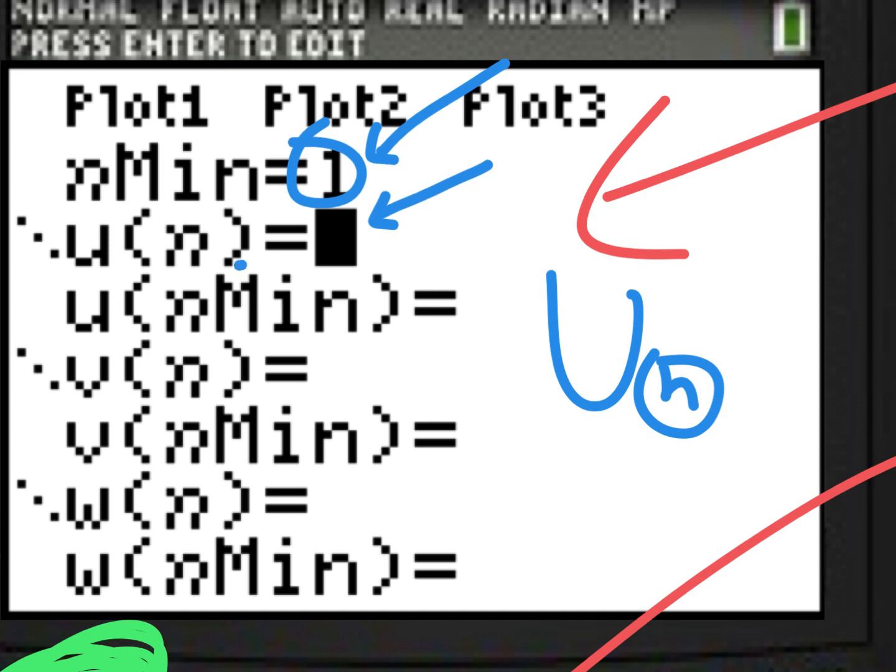So u sub n is equal to, what do we always say after u sub n? U sub what? N minus 1. Very good. That's what goes right there. So how are you going to type that? Use a lowercase u. And then how am I going to do a subscript? You should be able to tell by context clues.